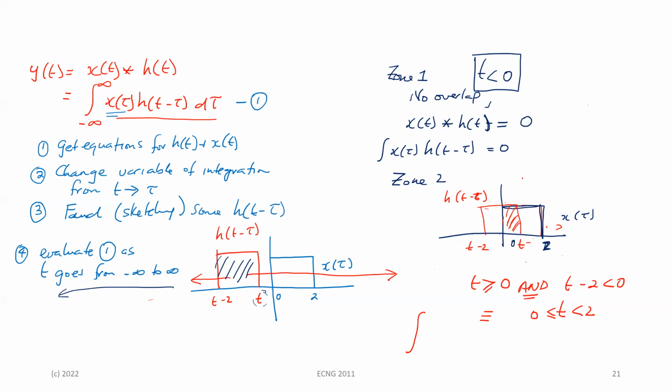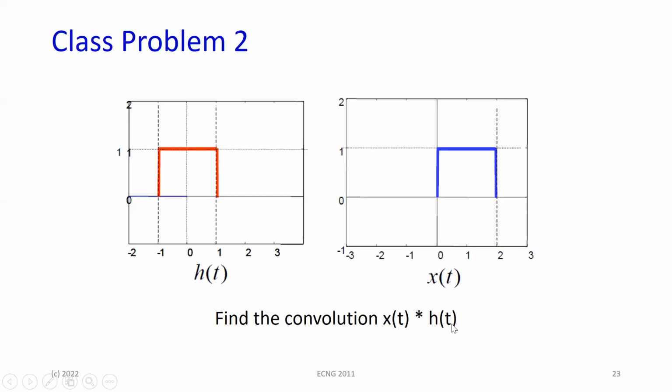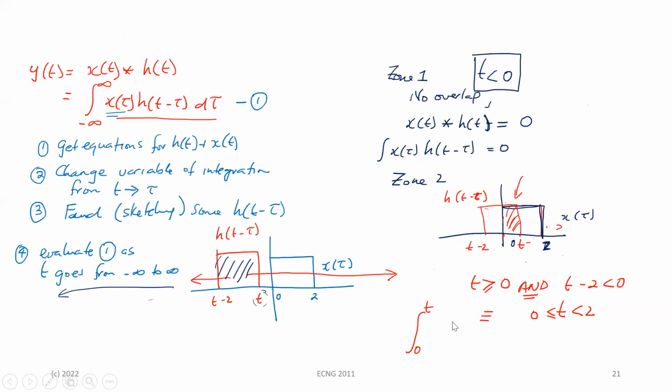So if you look at it, the actual zone of overlap is from the lower limit of integration, which is 0, which is here. The upper limit is t, and I'm integrating x tau h of t minus tau d tau, right?